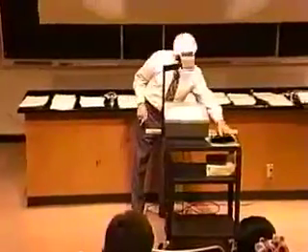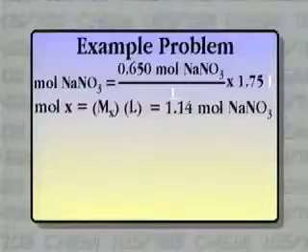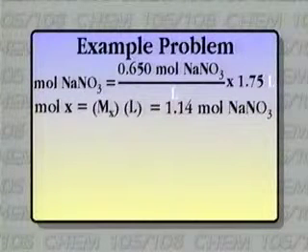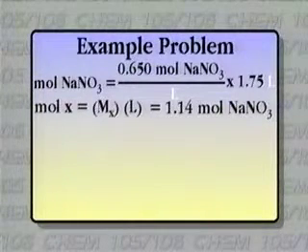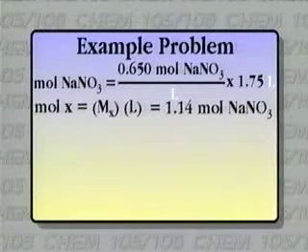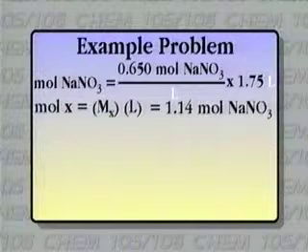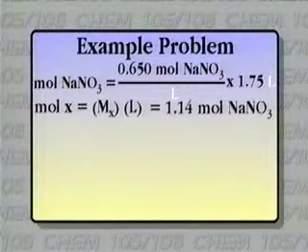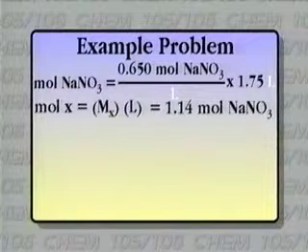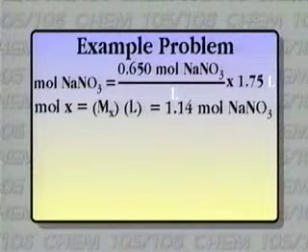Well, let's see. If we multiply that out here quickly, then we have 1.75 multiplied by 0.650. It says that we have 1.14 mole of NaNO3.